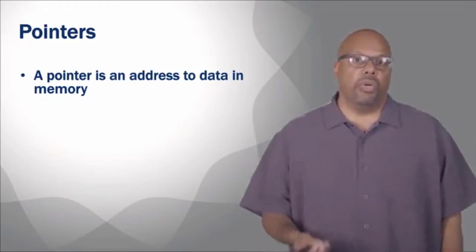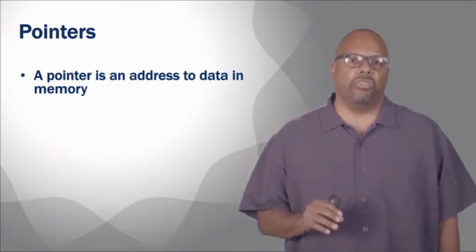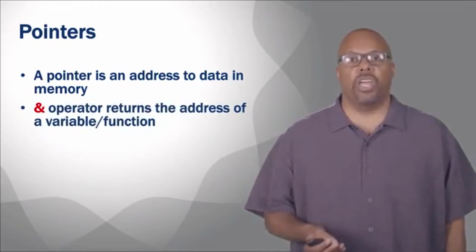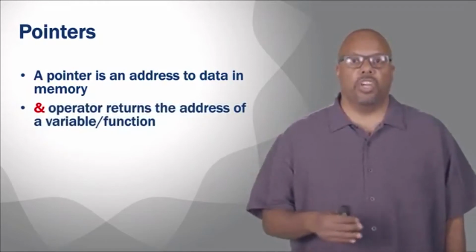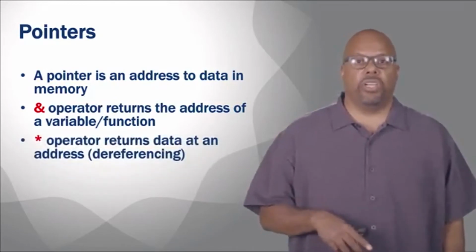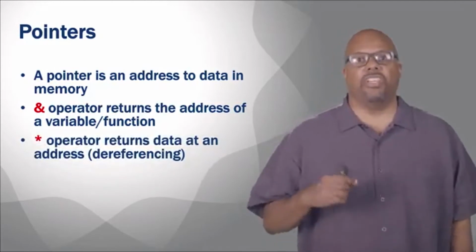With pointers, there are two main operators that are associated with pointers. The ampersand operator returns the address of the variable or the function, whatever the name is referring to. And the star operator, which is dereferencing, does the opposite of the ampersand. It returns the data at the address.